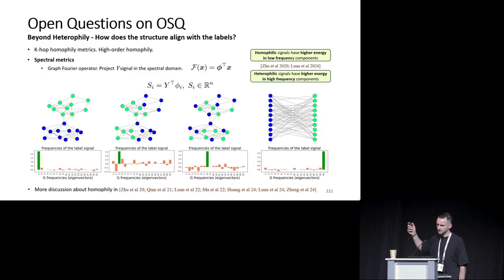So there are different approaches, here are some works, that try to propose new homophily metrics to capture how the features are spread out in the graph.